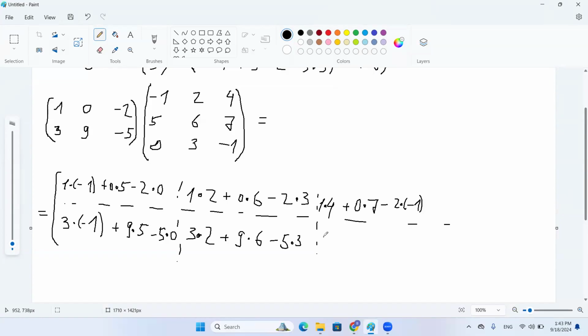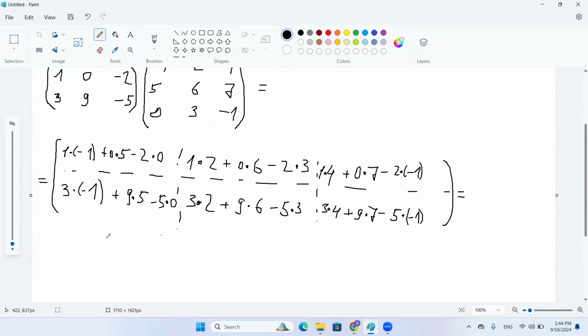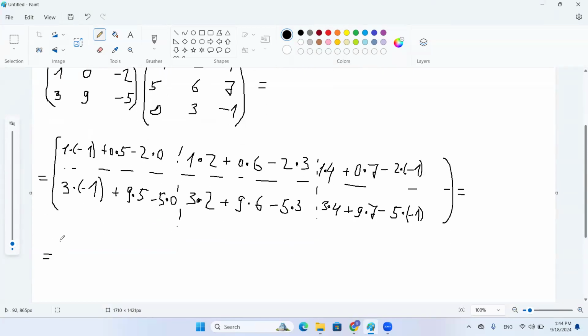So the second row is 3 by 4 plus 9 by 7 and minus 5 by minus 1. Okay, and now the most interesting part. So now calculating.